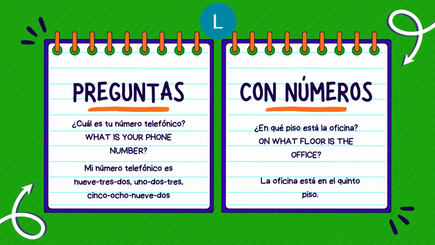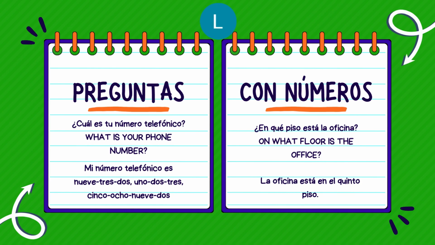We have arrived at the last part of our video. Preguntas con números. I'm only giving you 2 of them. If you want to ask someone, what is your phone number? You can say, ¿cuál es tu número telefónico? The person could answer with, mi número telefónico es 932-123-5892.